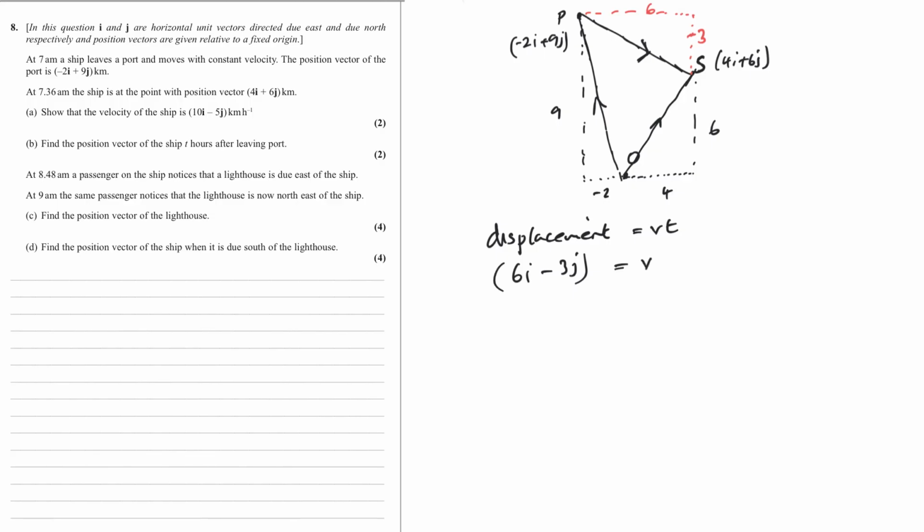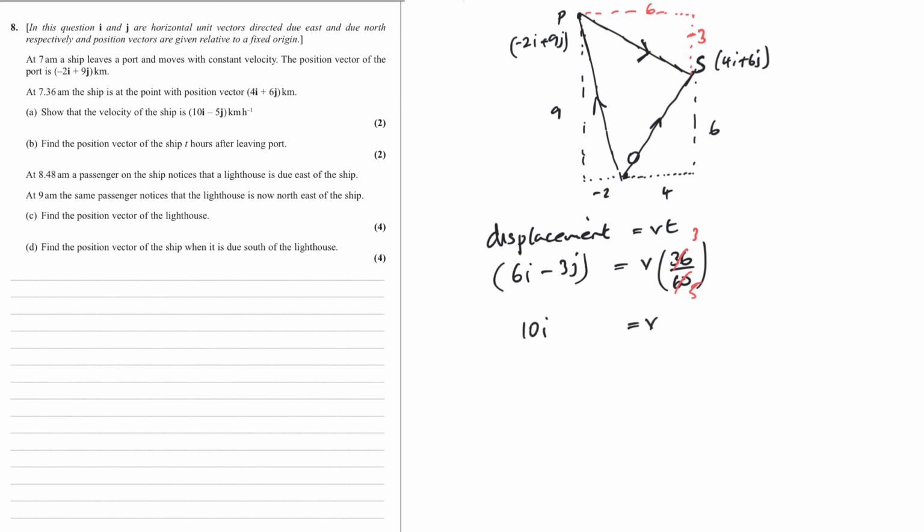Then my velocity, which we're trying to find, and the time is, well, it's been 36 minutes out of obviously 60 minutes in an hour, to keep it in kilometers per hour. So I can just do a little bit of simplifying here, so 36 goes into 60, and that will leave me with 3/5. And all I need to do now is get V on its own. So I'm going to divide by 3 and times by 5.